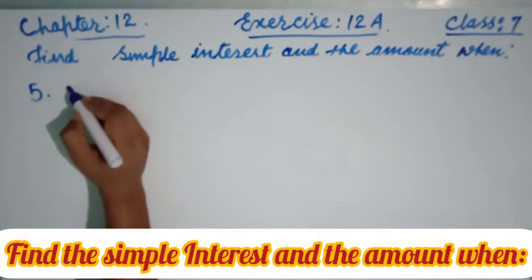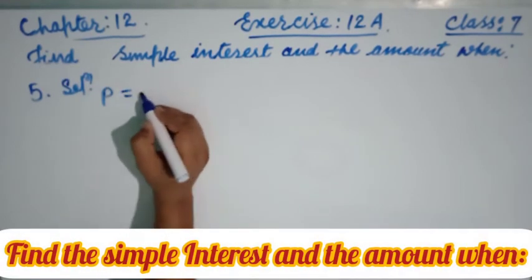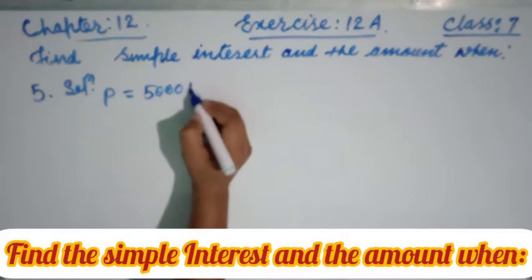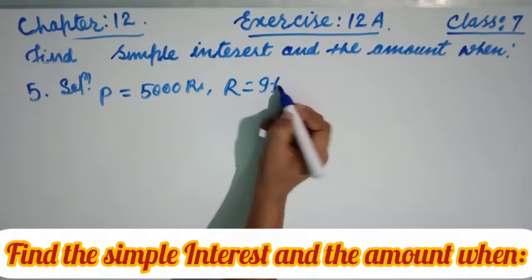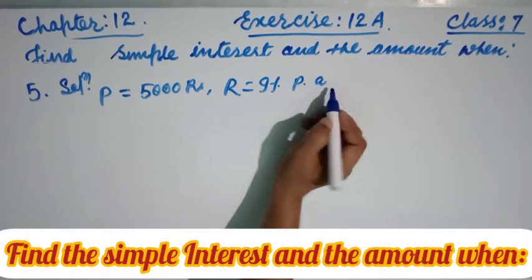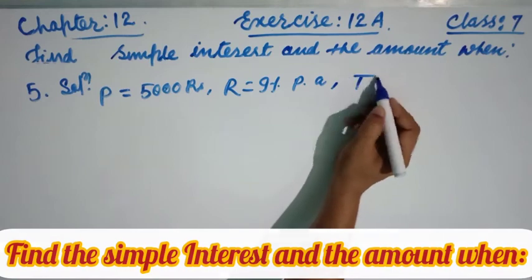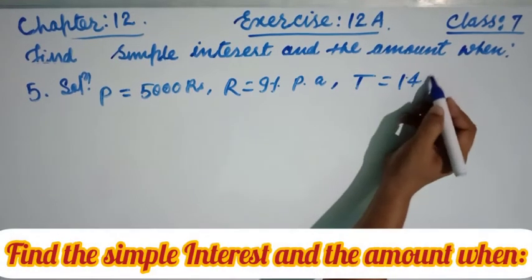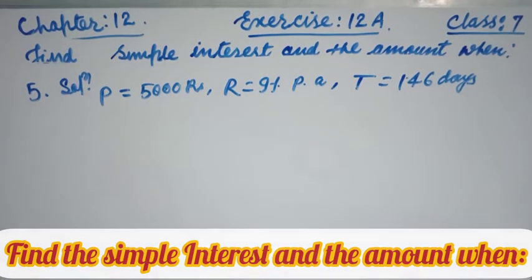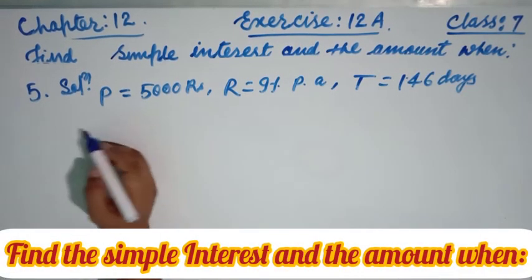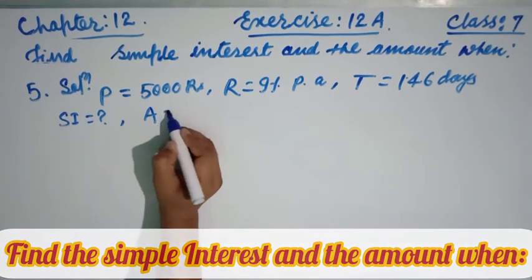Here P, principal, is 5,000 rupees, and rate R is equal to 9% per annum, means per year, and time is given 146 days. Remember friends, we have to change this days into years. Now we have to find SI first, then find A.